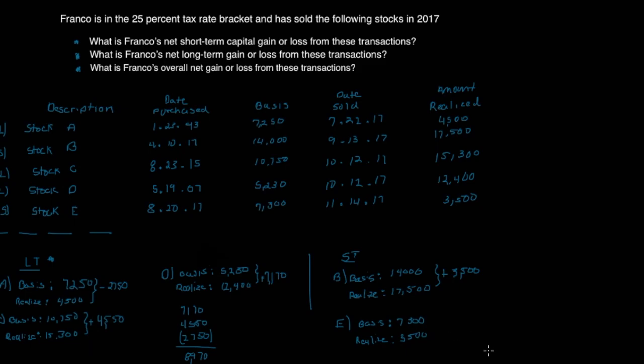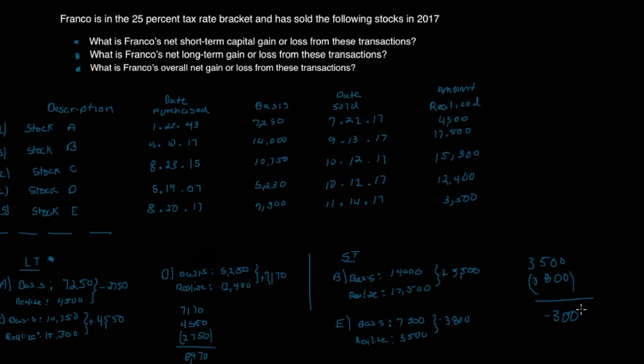Okay, moving on to E. So when you net transaction E, the basis is higher than the realized, so you will have a loss of $3,800. Okay, and then you'll go ahead and net these two, 3,500 with a loss of 3,800. In this case, your loss is greater than your gain, so you'll have a negative $300 loss.